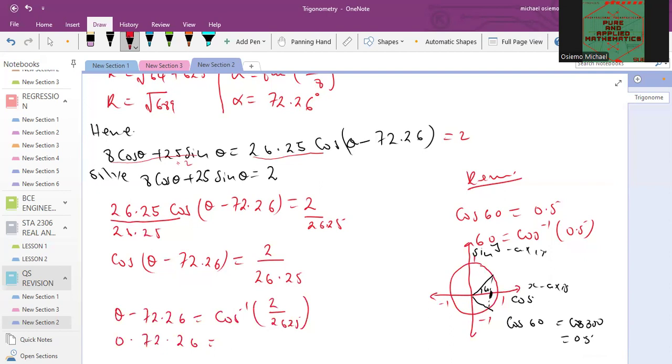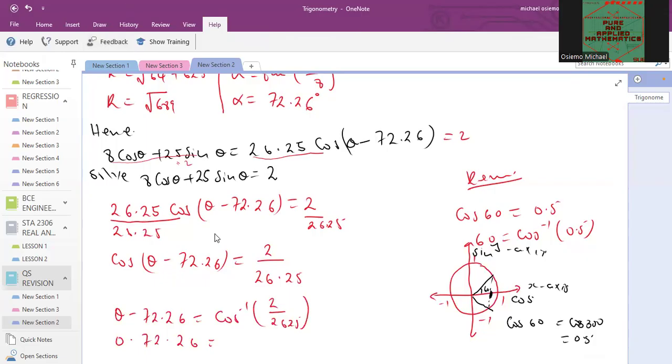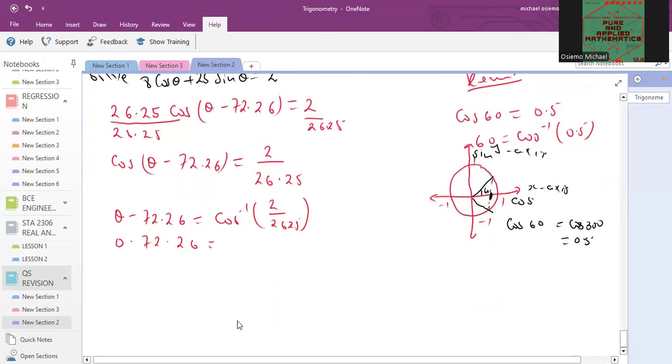So cos inverse of 2 over 26.25 gives this one here, which is 85.63.